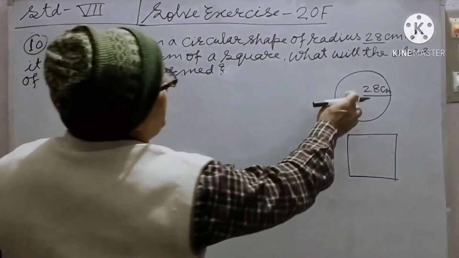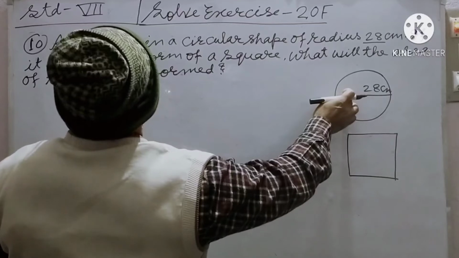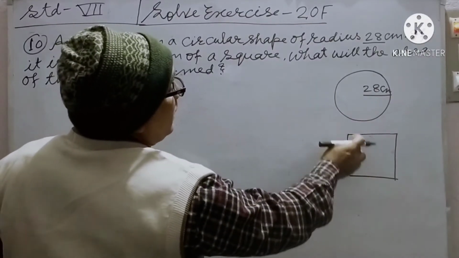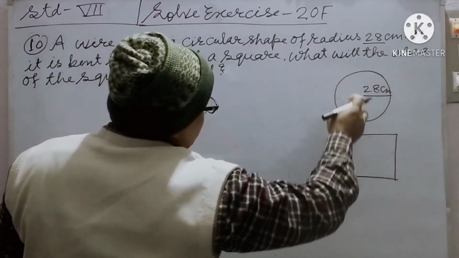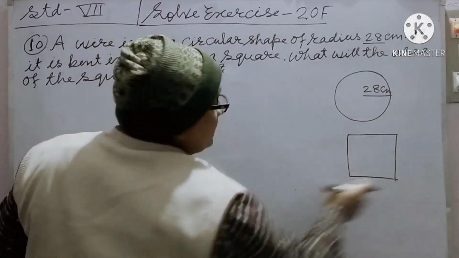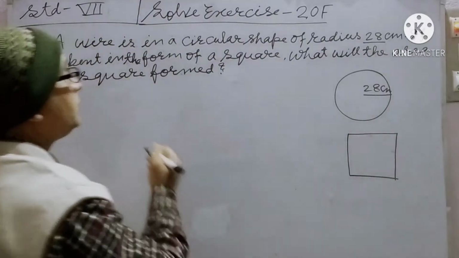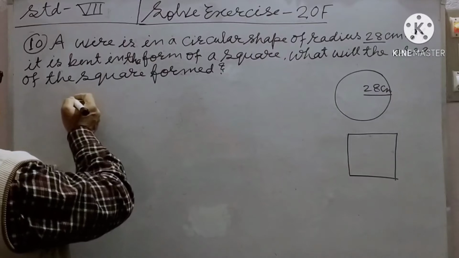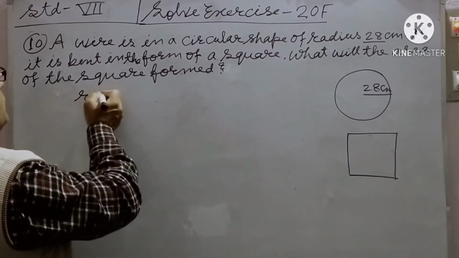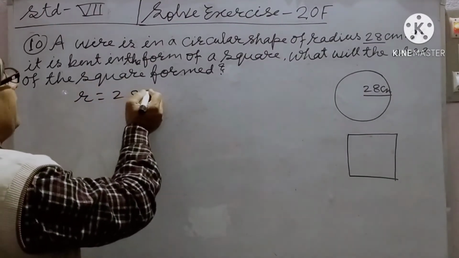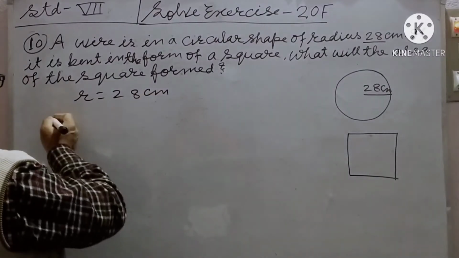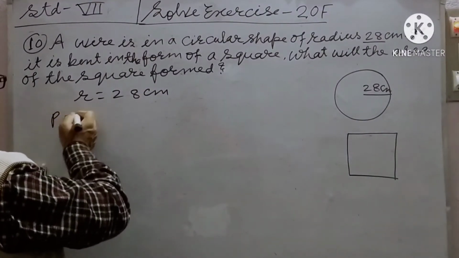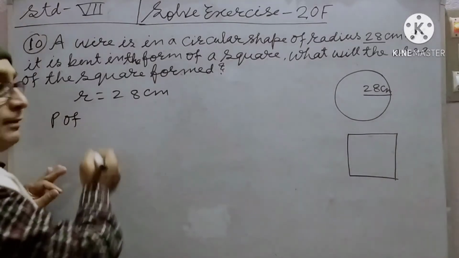So the perimeter of the circular shape, that is the circumference of the circular shape, is equal to the perimeter of the square shape. R equal to 28 cm.